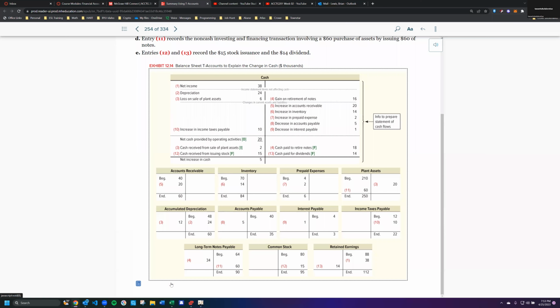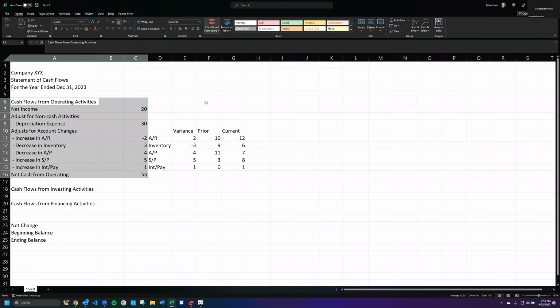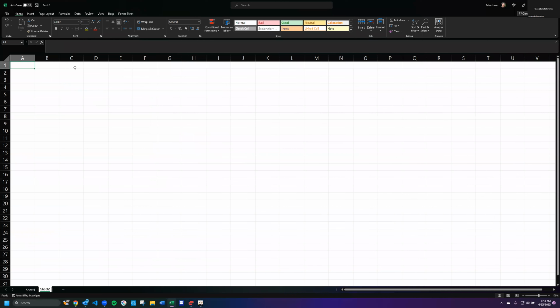Let me walk through an example of using a T account for a particular type of, let's do a bank account example.